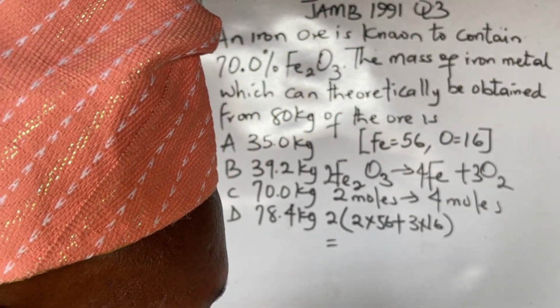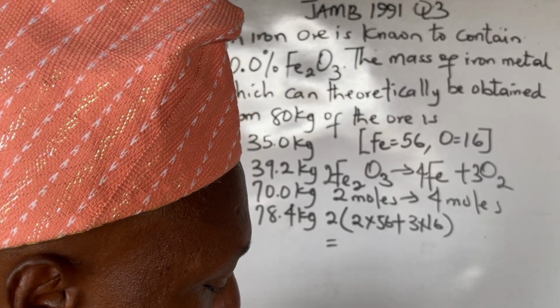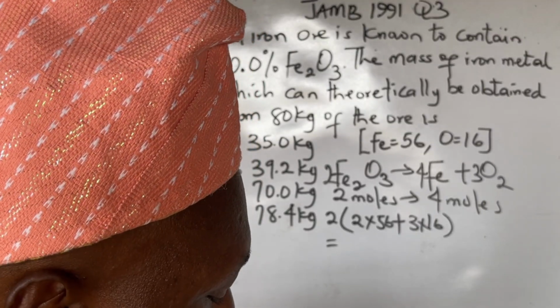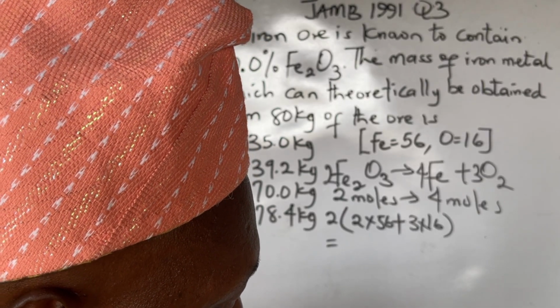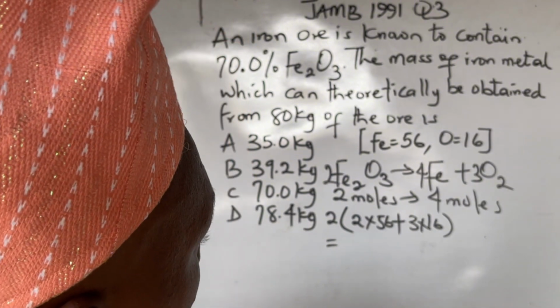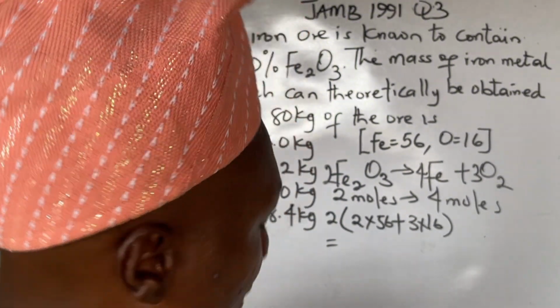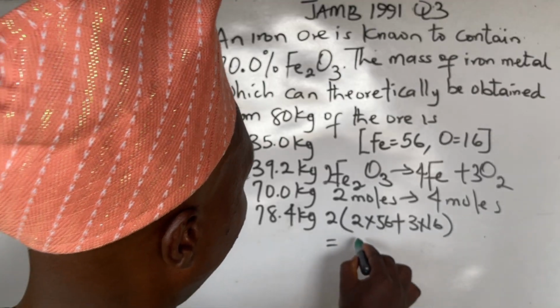So we have 56 times 2 is 112, plus 16 times 3, that's 48. So the addition of everything is 160 times 2. So we have 320 grams.